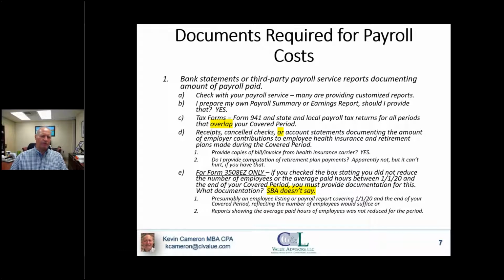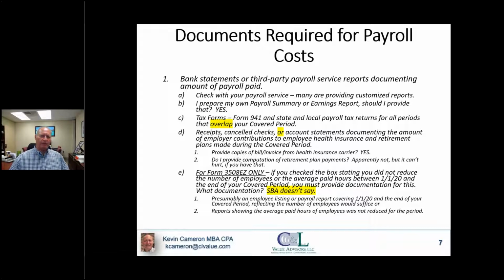Based on this June 22nd guidance I referred to, we would only be able to count the $10,400 in our covered payroll costs for the loan forgiveness. So obviously we would need to provide the lender with some type of calculation to show where we came up with that number. So until we know better, keep that in mind.